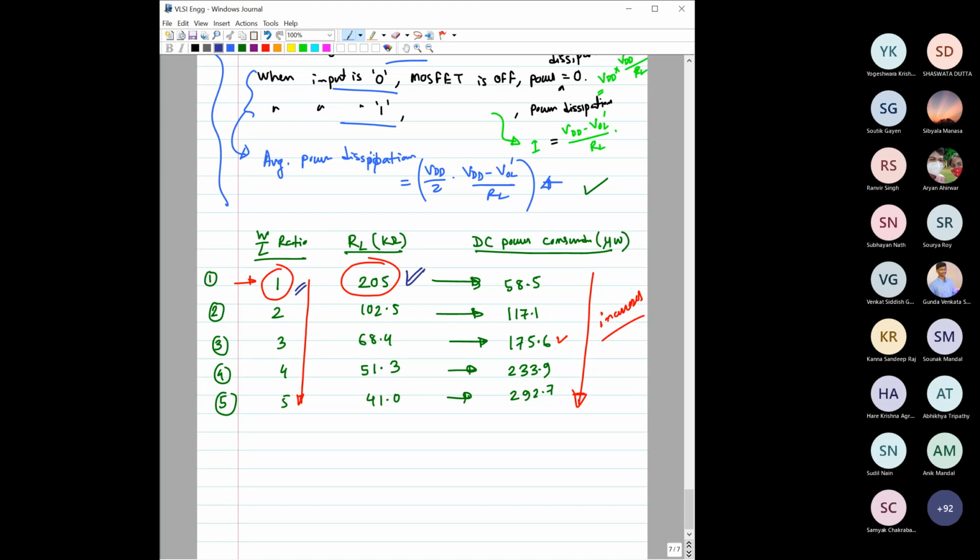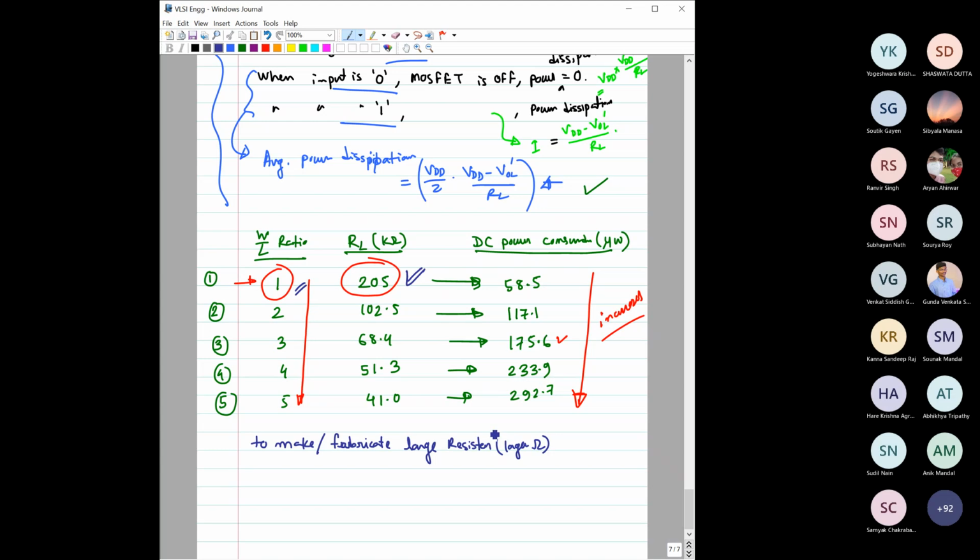What is that price? The price is to fabricate a large resistor. Large resistor means a large value of ohm, high resistance.